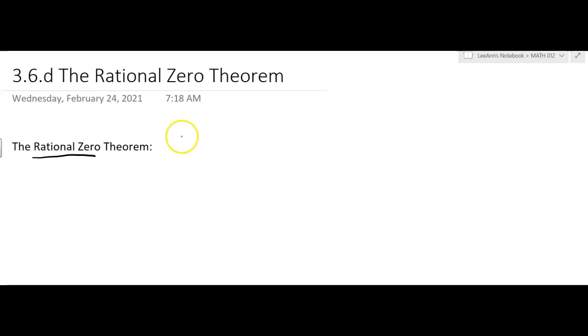Okay, so let's say we have a function in general form. Okay, something like that. And then we have that leading term at the beginning, and we have a constant at the end.